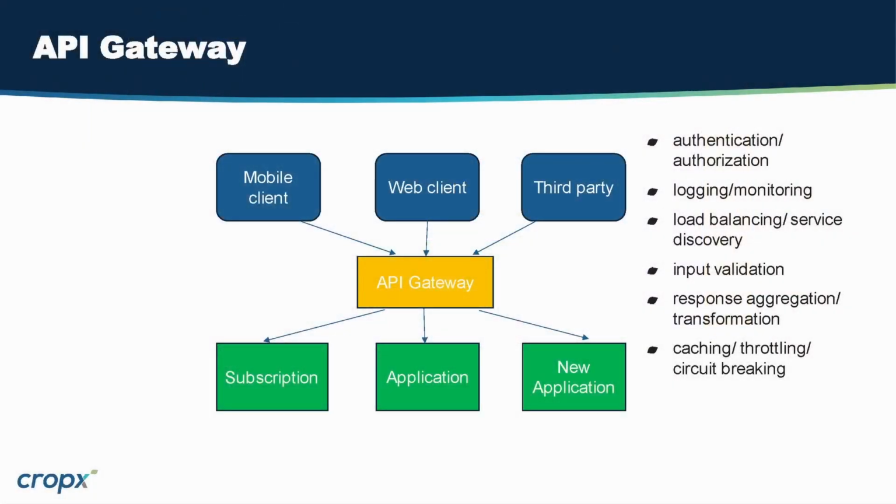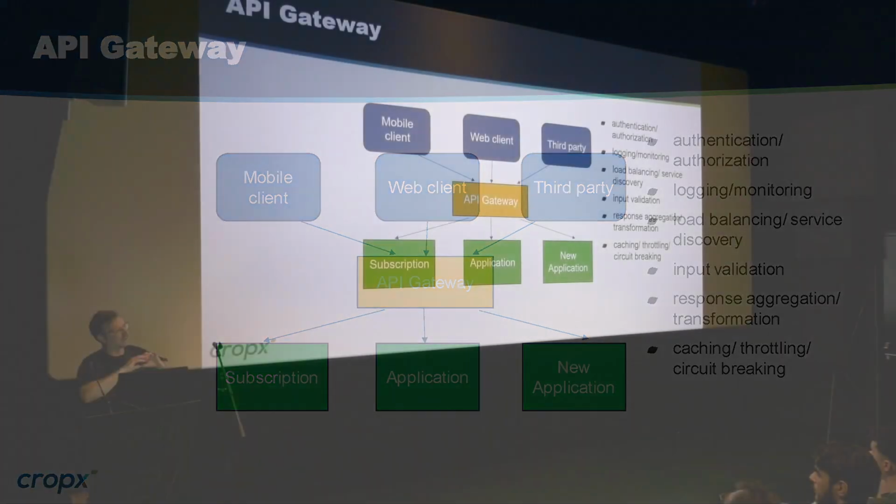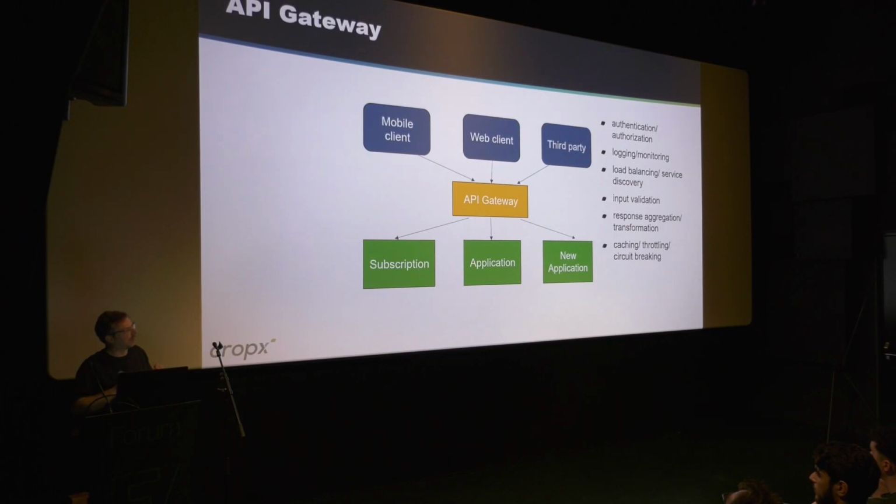So what is an API gateway? As I said, it sits between your clients and your backend applications. It's a portal, and it hides the internal complexity of your backend landscape from your clients. It's also a great place to introduce system-wide cross-cutting concerns, so that you don't have to re-implement them all over your backend services, like authentication and authorization.